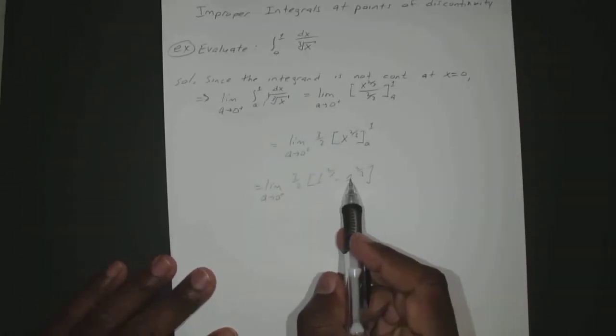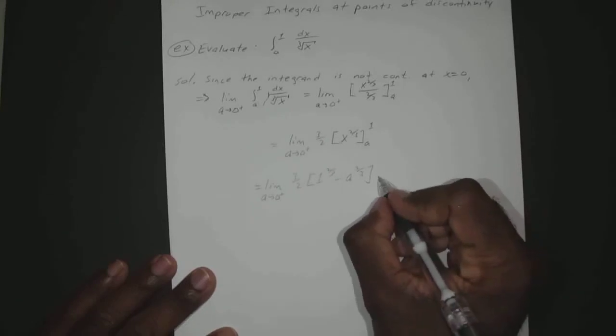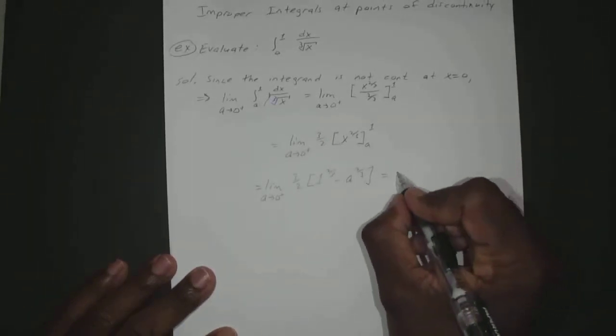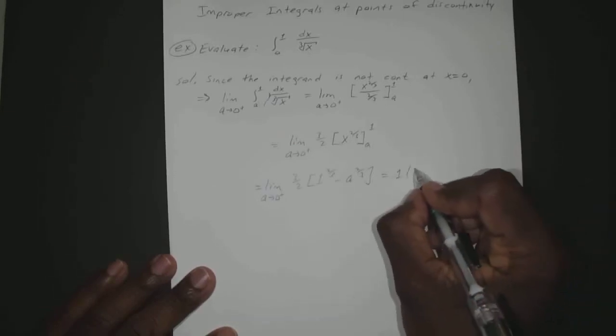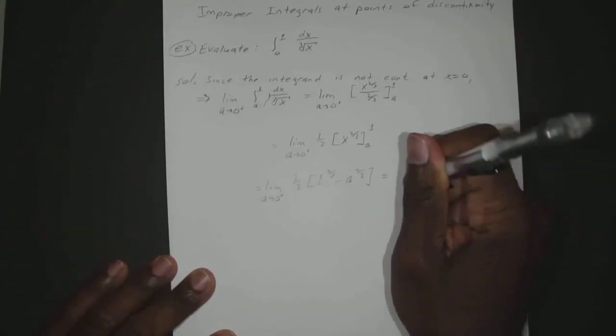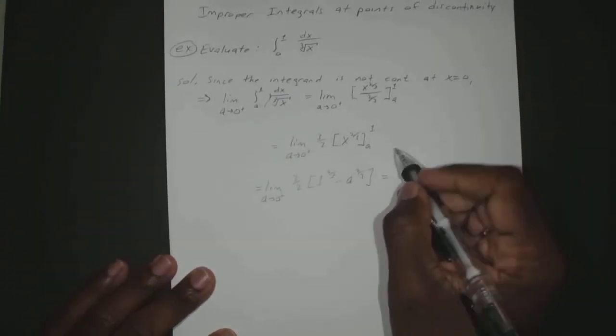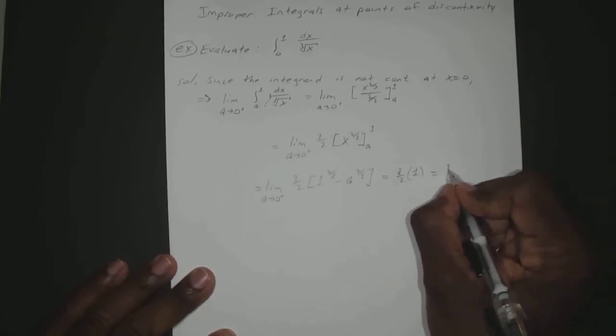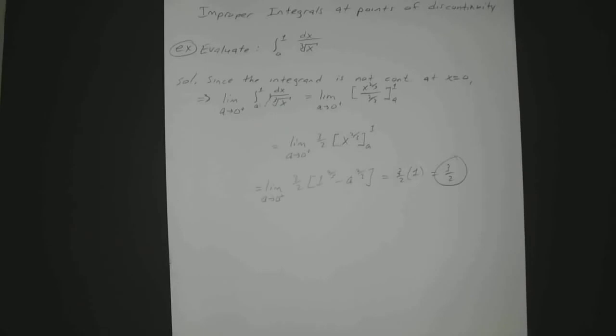And if you plug in 0 here, you just get 0 to the 2/3 power, which is 0. And 1 to any power is just going to be 1. Oh, 1 times 3 over 2. Actually, I should switch that over. Doesn't matter, but which is just 3 over 2. So it converges. We didn't ask if it converges, but we know it converges.